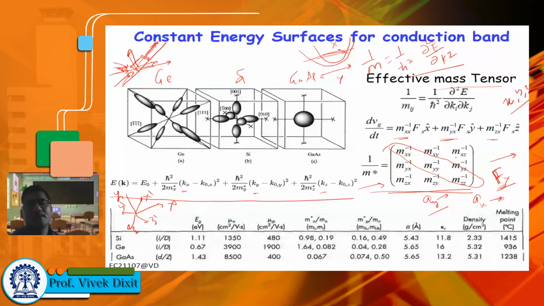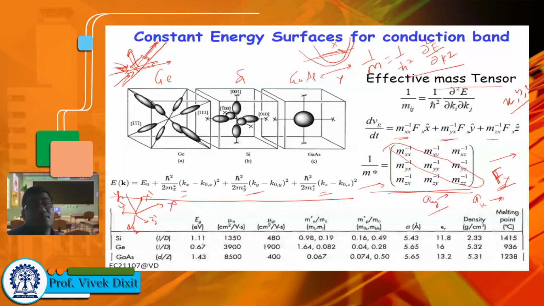Means non-diagonal elements will also be non-zero. So we rotate it basically, right? So here x, y, z will be principal axes, and rotated axis will be generalized axes. Right? Clear?